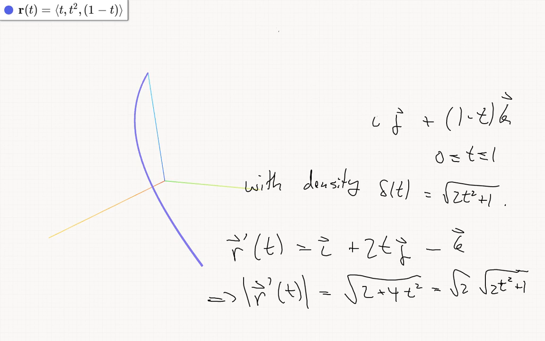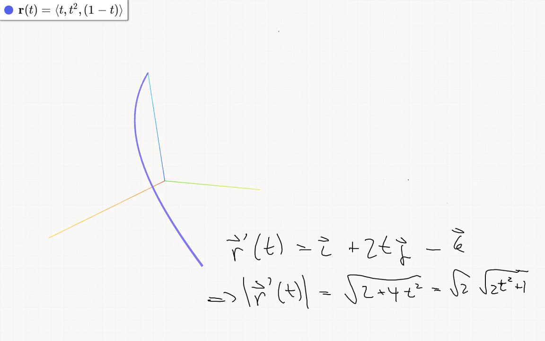All right, so then we can find the mass. So the mass will be the integral over C of delta ds. So this is the integral from 0 to 1.